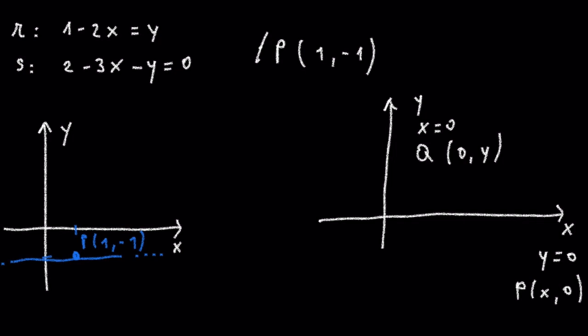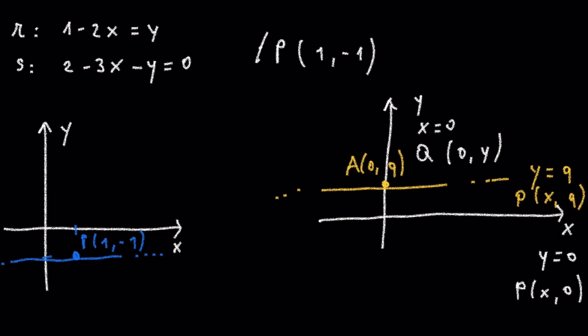Now let's consider a point A, 0, q on the y-axis. If we draw a line parallel to the x-axis and passing through A, this line will include all points on the plane where the y-coordinate equals q. Therefore, its equation is y equals q, which is satisfied by all points x, q.